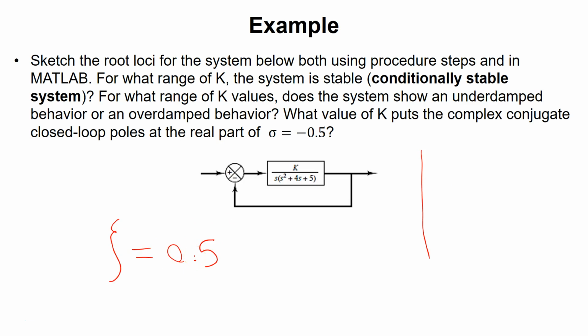So for what value of K will the system exhibit a damping ratio of 0.5, or for what K value will the system show a natural frequency of maybe 2 radians per second? Okay, so it says for what K values I can get any of these.